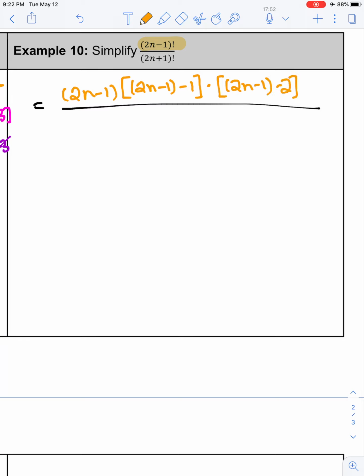And just to give myself a nice visual of what's going on, I'll go ahead and do one more and should say that this next factor would be 2n minus 1 and then minus 3. And again, if you don't need this intermediate step, that's totally fine.